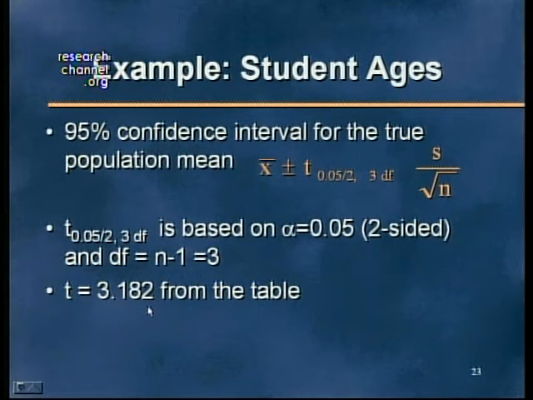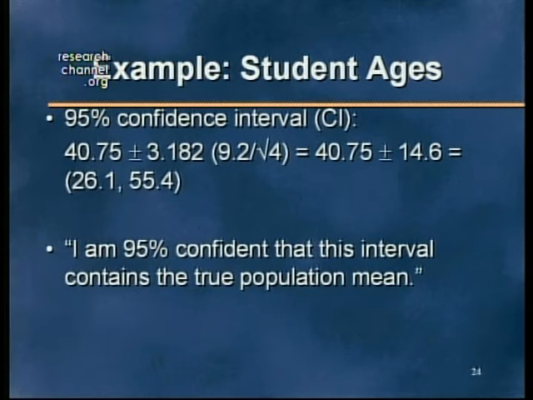You can look that up on your own later. But how does that change this interval? We take the sample mean of 40.75, add and subtract the t times s over the square root of n, of 9.2 divided by the square root of 4, and we would get an interval that ranges from 26 up to 55 years. So based on our sample of size 4, what can we conclude?